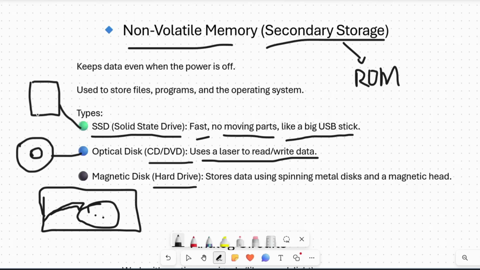A hard disk is faster than CD and DVD, and SSD is faster than a hard disk. So we can write it this way: HDD, hard disks, and for better performance, we use SSD. It can write and read much faster.